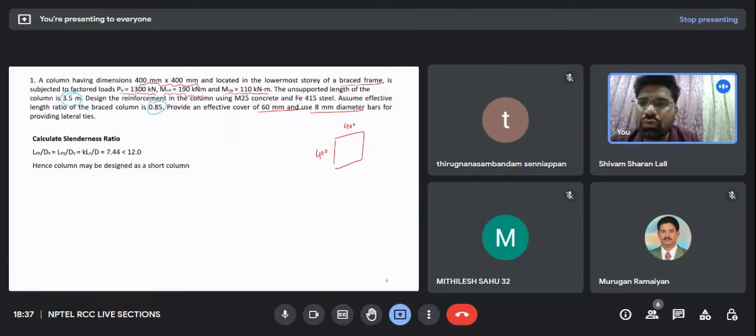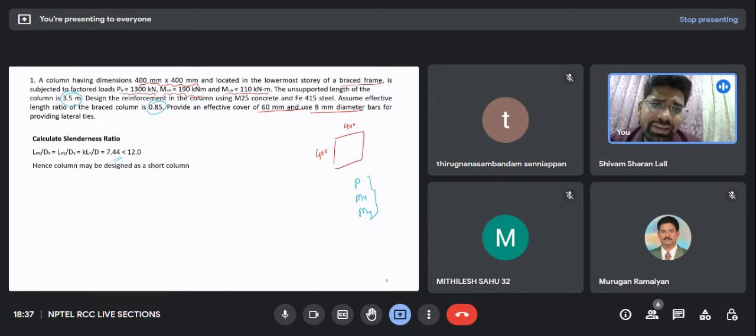Dx and Dy both are 400. After substituting that, I will get a slenderness ratio of 7.44, which is less than 12. That means my column is short. But it is subjected to P, Mux, and Muy, and that is the reason I will be using the 3D interaction curve.